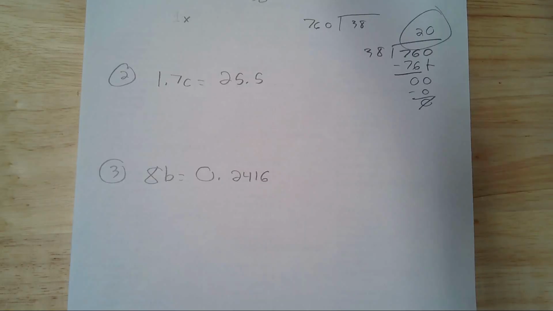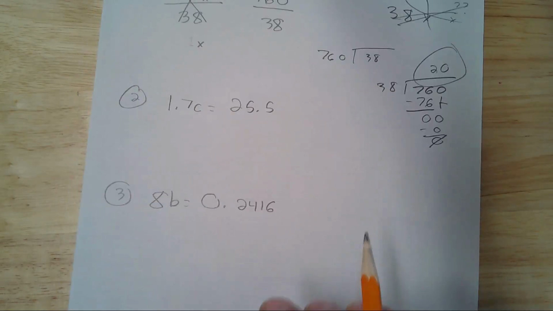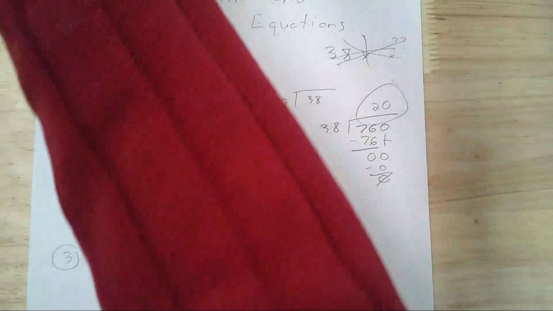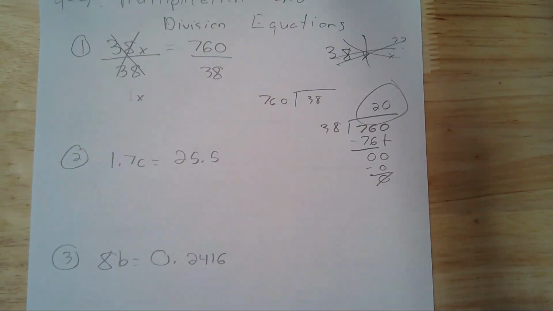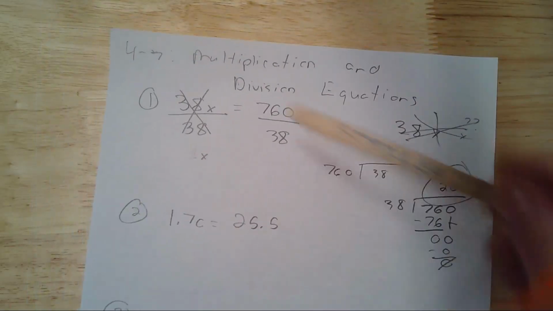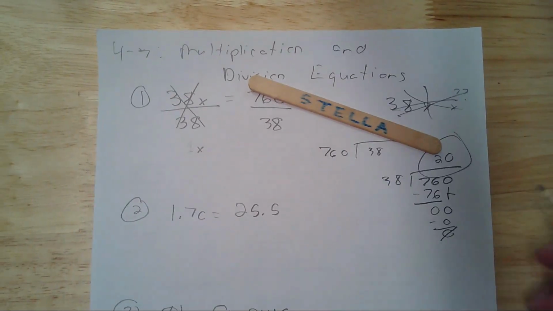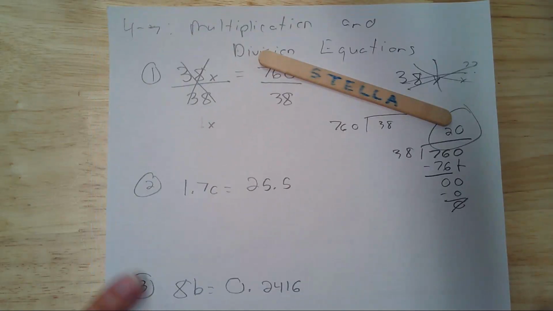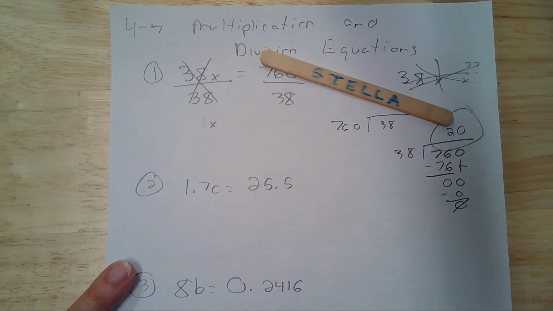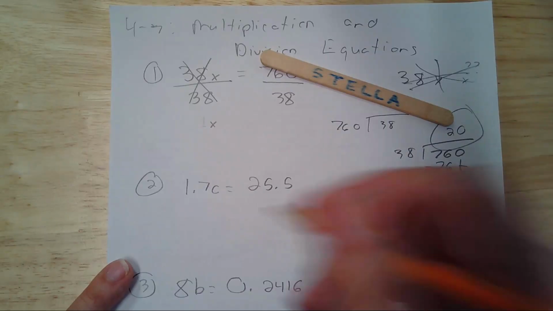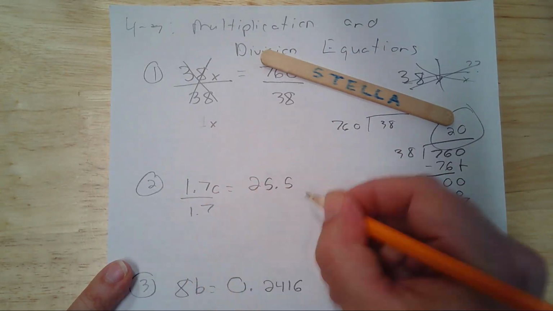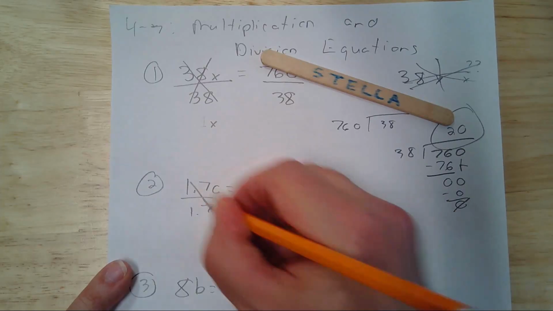I don't necessarily need you to walk me through the whole division problem step by step. If you get the right answer, I can kind of conclude that you probably set up your division problem right. Number 2, Stella. So what do I got to do here first? So you divide both the numbers by 1 and 7/10, and then the first one crosses out.